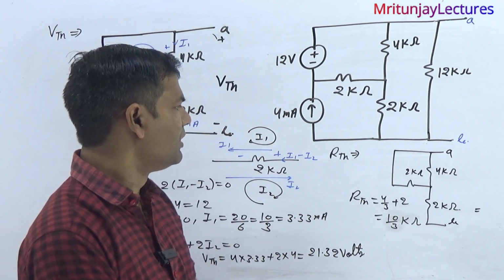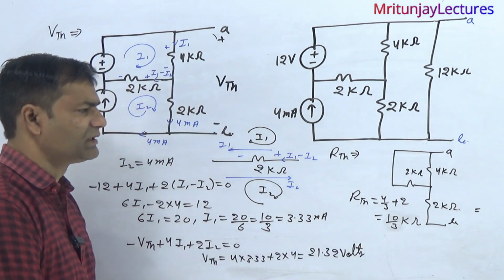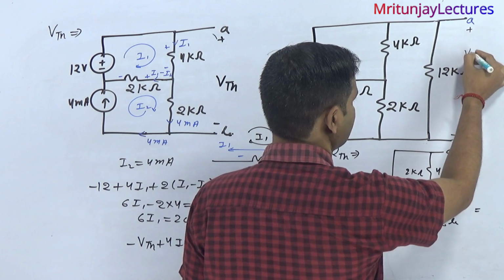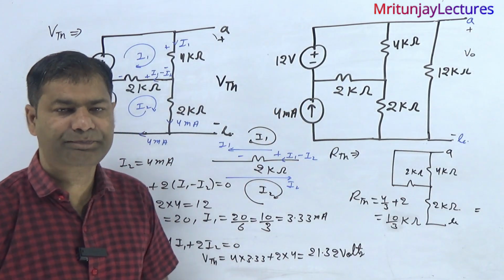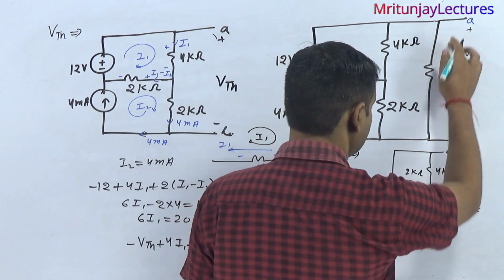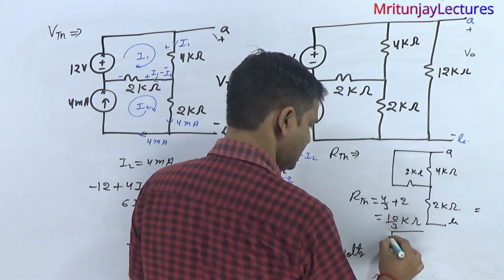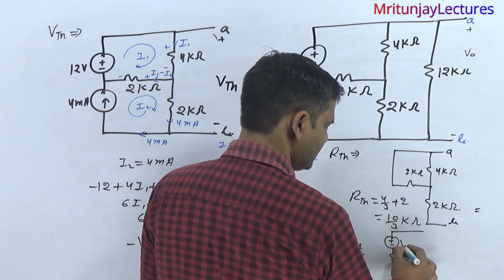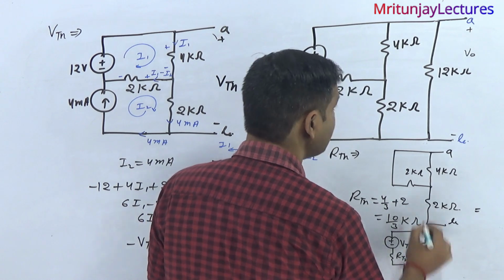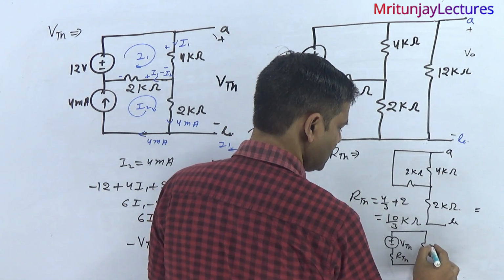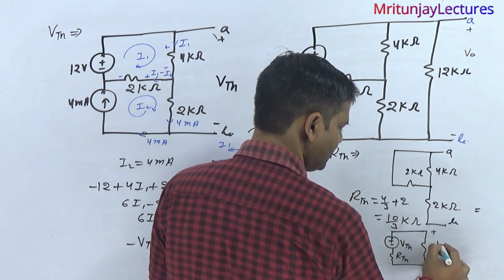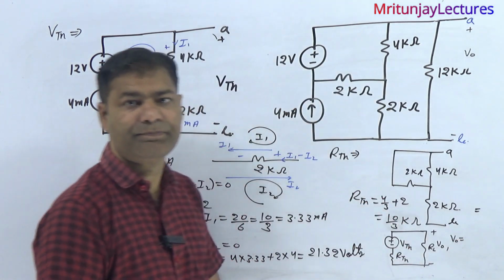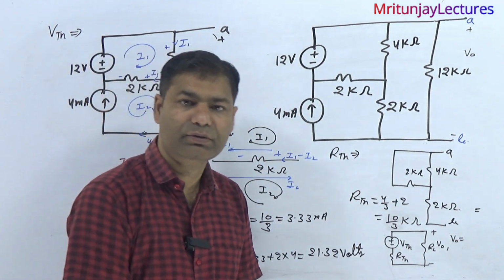Now after that, you make the Thevenin's equivalent, and then determine this voltage. So Thevenin's equivalent is like this: RTH, here VTH, and here RL, and our motto is to determine V0. To determine V0, apply the voltage divider rule.